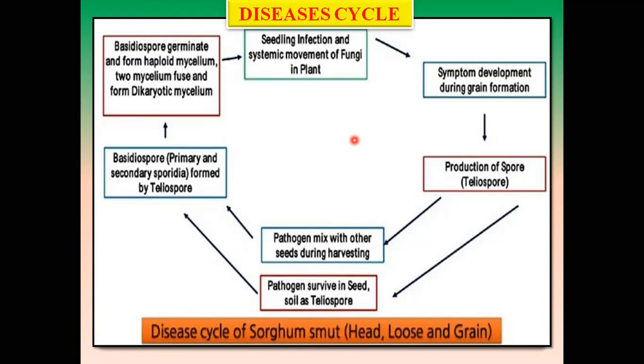Okay, different types of symptoms are produced on the airhead of the sorghums. But see the individual airheads: on the airhead, only a few spikelets or grains are converted into smut sori, but the remaining grains are healthy.